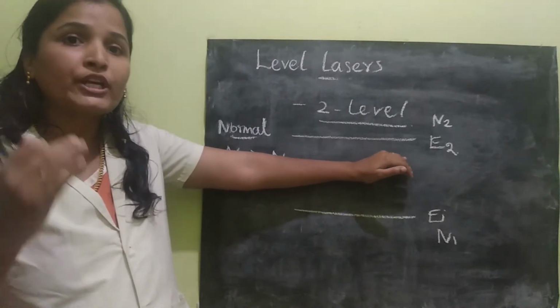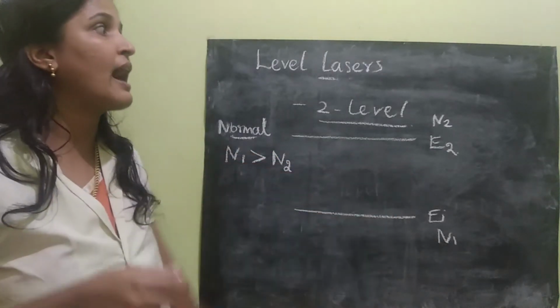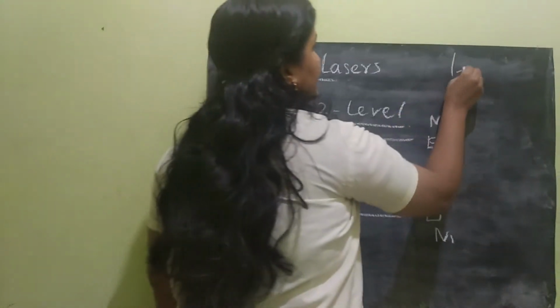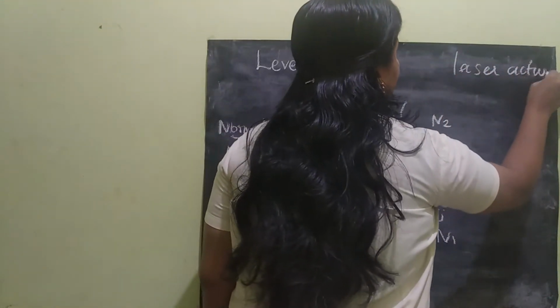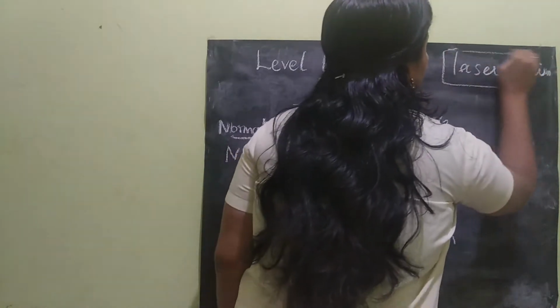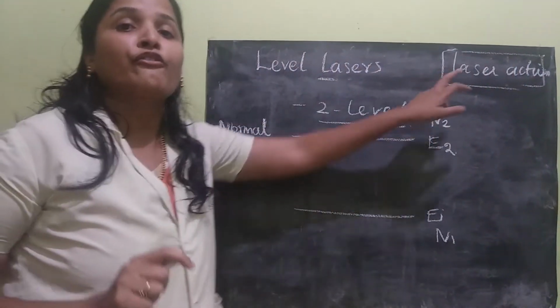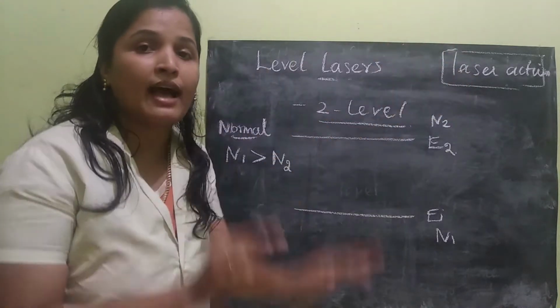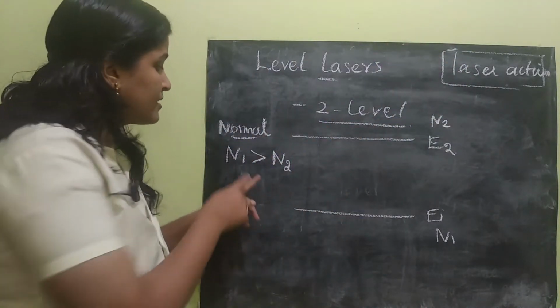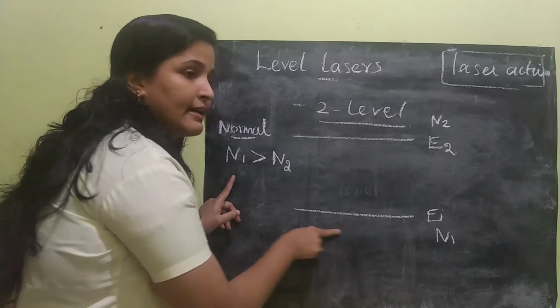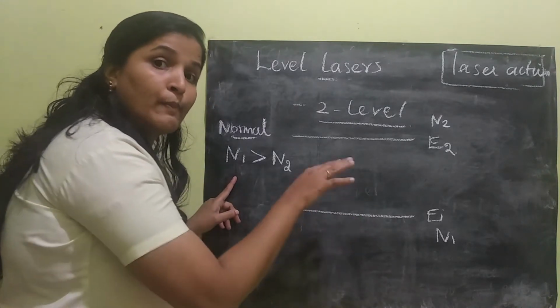We should achieve that in order to have laser operation, that is, laser action. So for laser action, we should have a population inversion. But at normal condition, the number of atoms in the lower level will be higher.